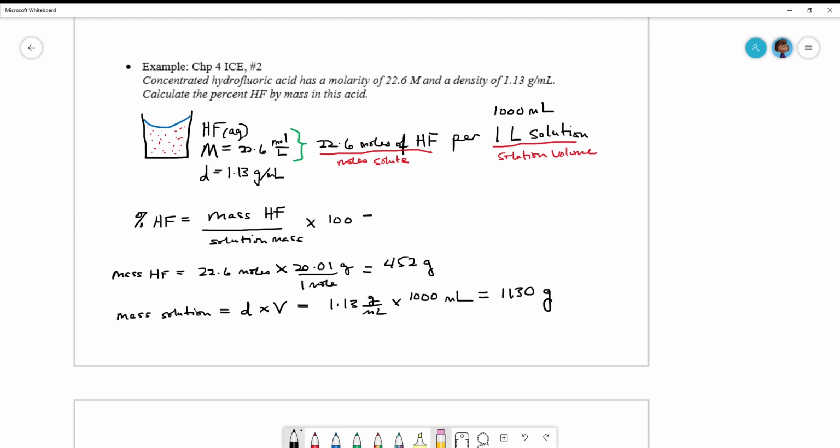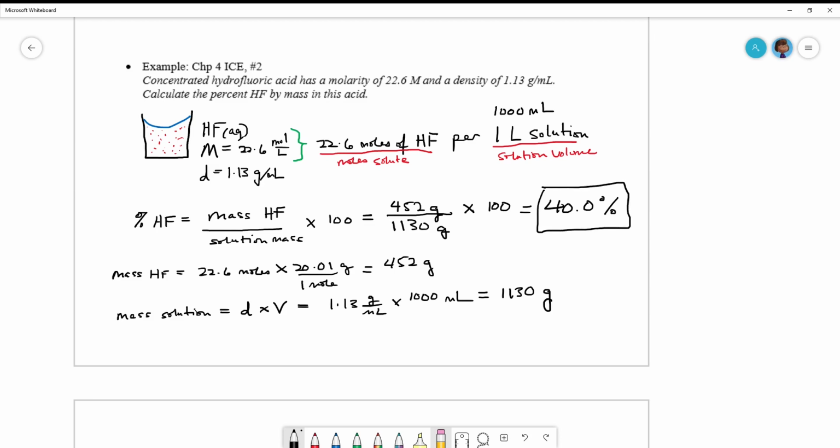I'm going to take these values and plug them back into my formula for the percentage of HF. So going back to the calculation, 452 grams of HF over 1,130 grams of the solution times 100. And in the end, I get that the final solution has a concentration of 40% HF by mass.